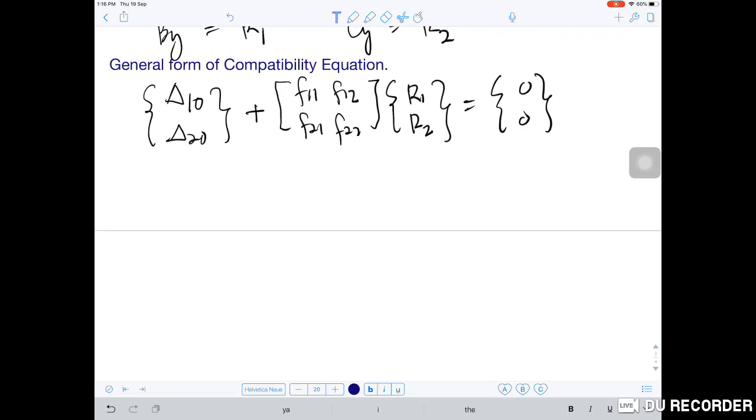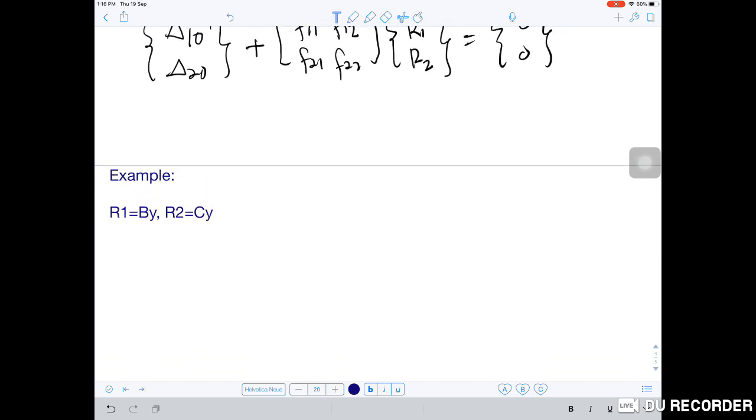For example, if redundant 1 is BY and redundant 2 is CY, I can straight away write the compatibility equation like this.